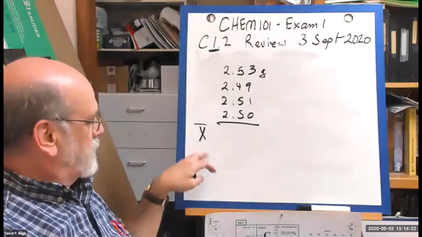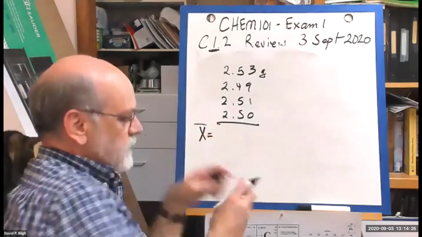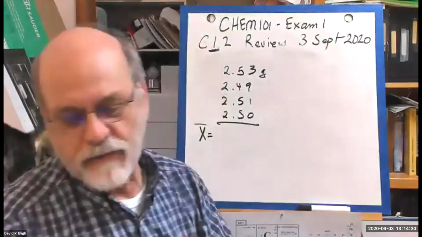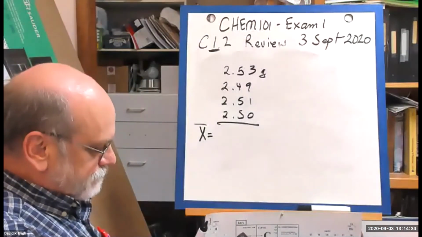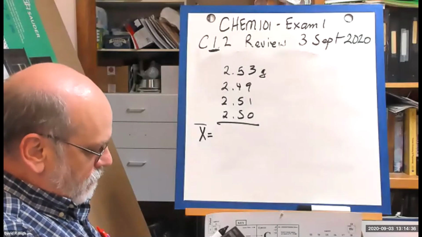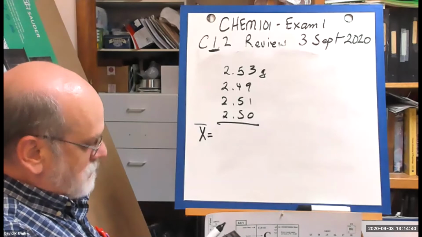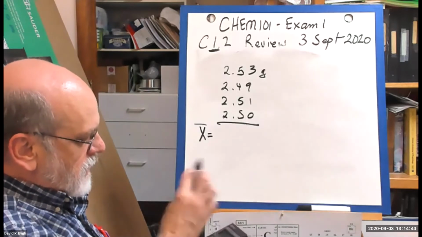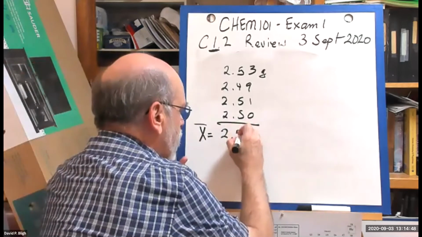That's how you write the mean, or the average value. So if we take that one and do an average on it, let's see what we get. Okay, so rounded off, I get 2.51.